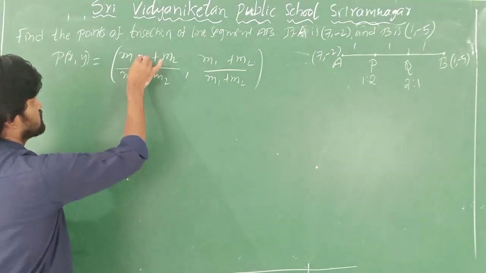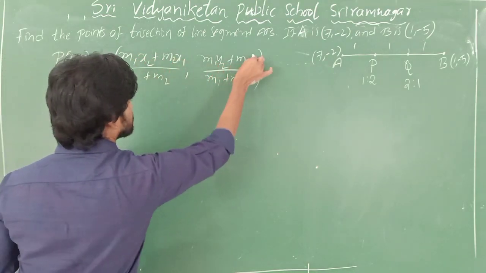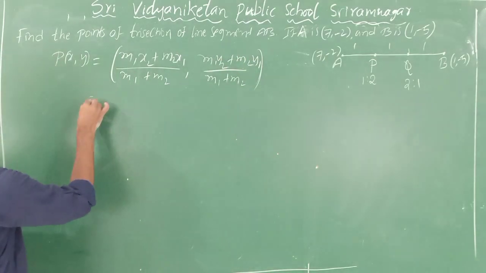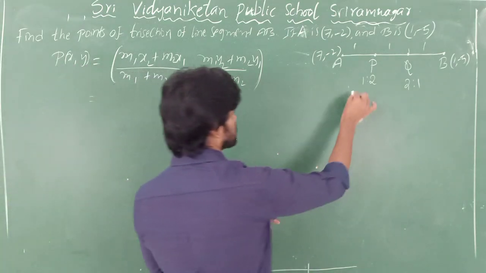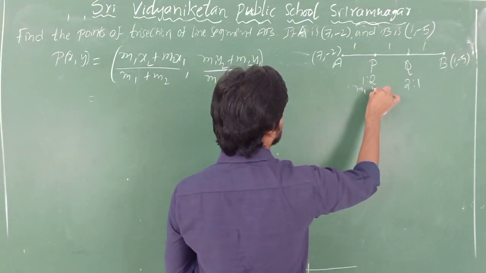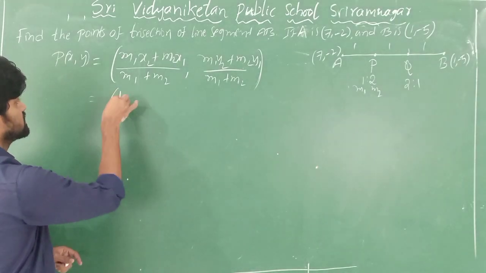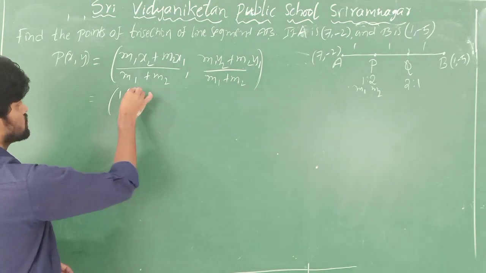So M1 x2, here x1, y2, y1. Just substitute values now. So we are talking about P. So here this is M1, M2. What is M1 now? It is 1. X2. What is X2? It is 1.